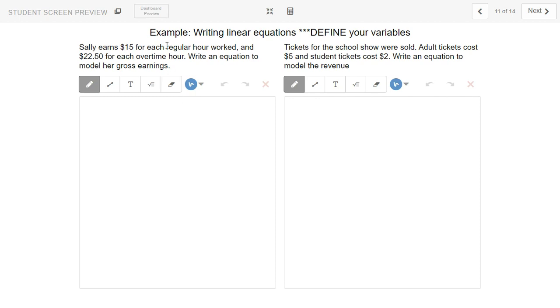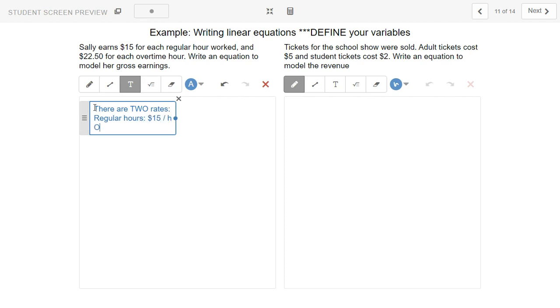She could be working regular hours, or she could be working overtime hours. So the two rates, we have regular hours, which would be $15 per hour, and overtime hours at $22.50 per hour.